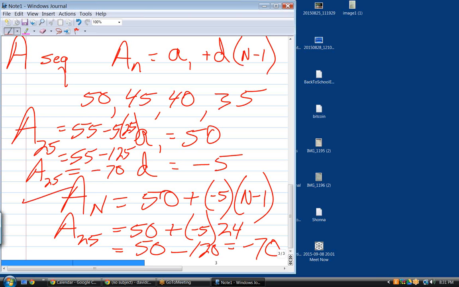But if they said give the formula for it, you want to simplify that. In other words, that's not simplified. So if it's like a two-part question, in other words, give what a sub n is, and then the second part is what is a sub 25, well, you can certainly get the a sub 25 from this, but you wouldn't want to give that as a sub n because it's not simplified.